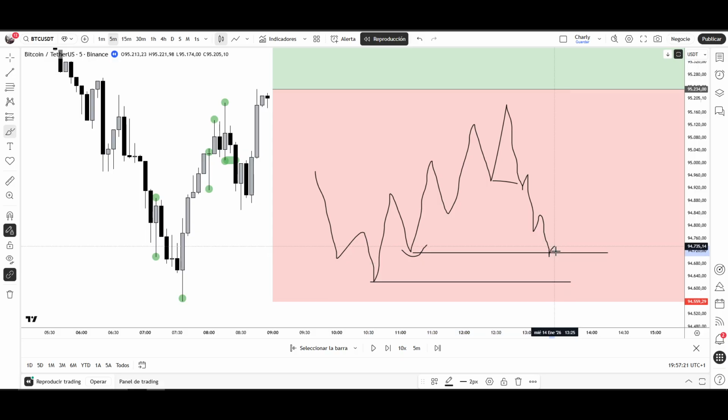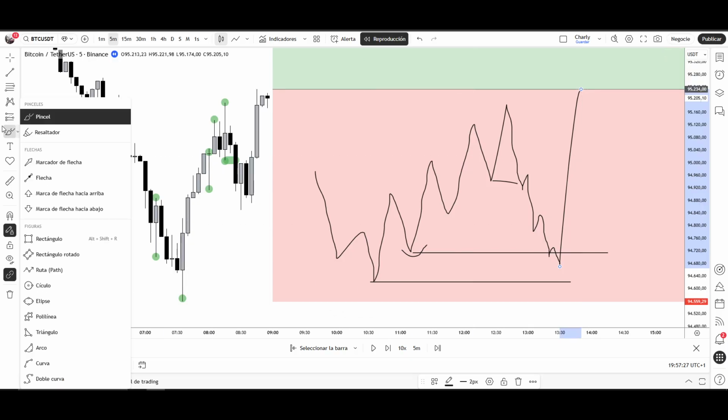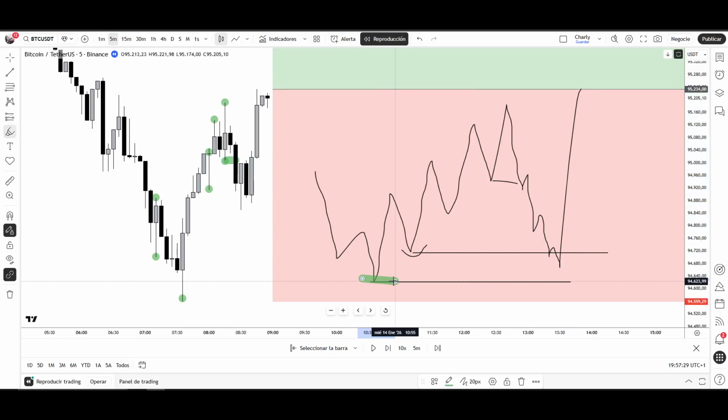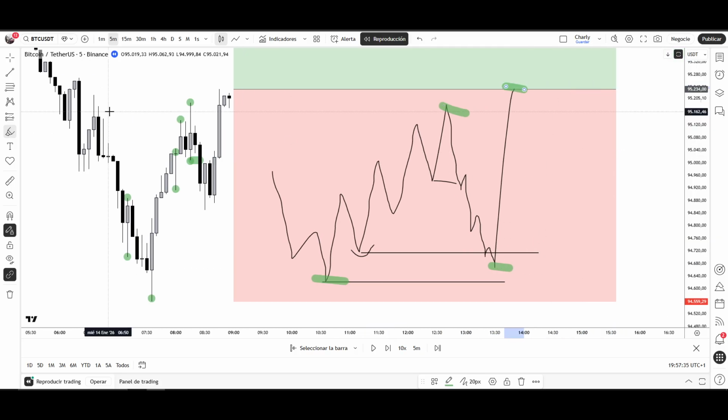Okay? This means that if the market goes up, now we have what? We have a first impulse, first pullback, second impulse. This means that if now we have a second impulse, we can catch an entry as a rule of the third impulse.